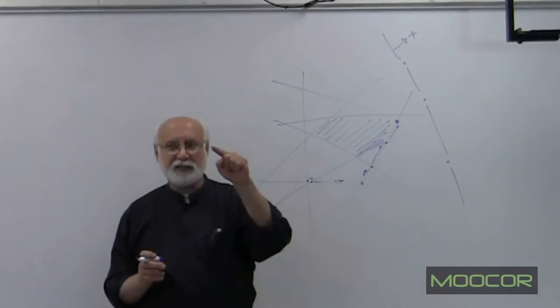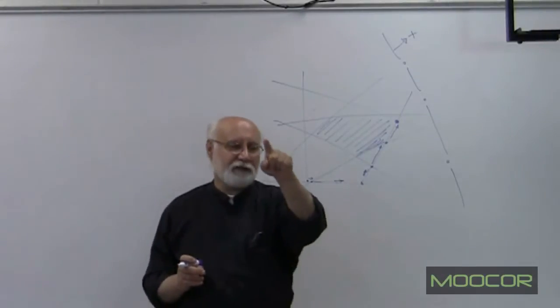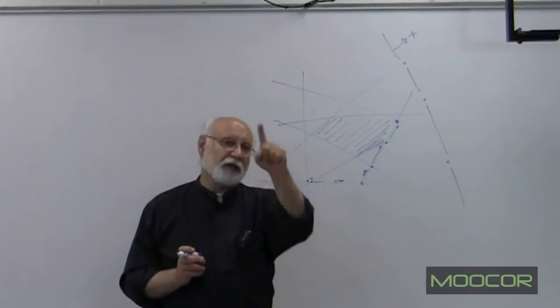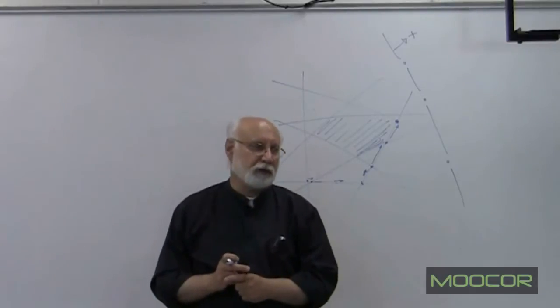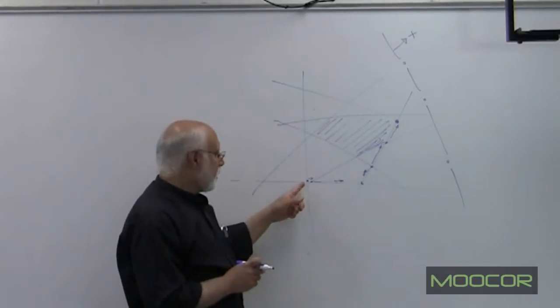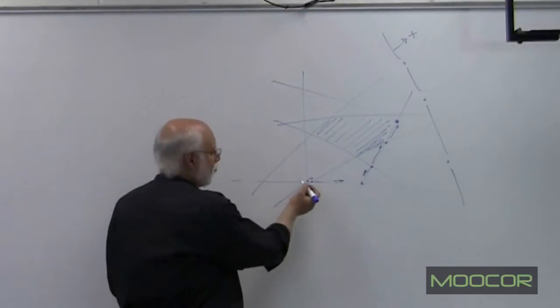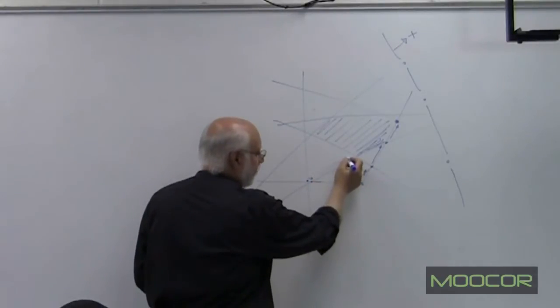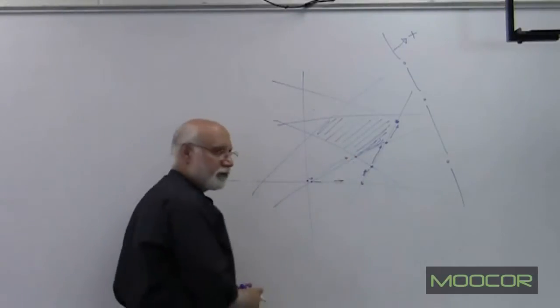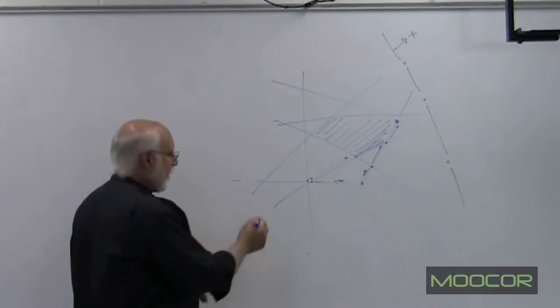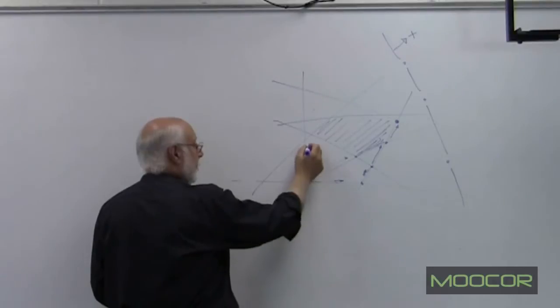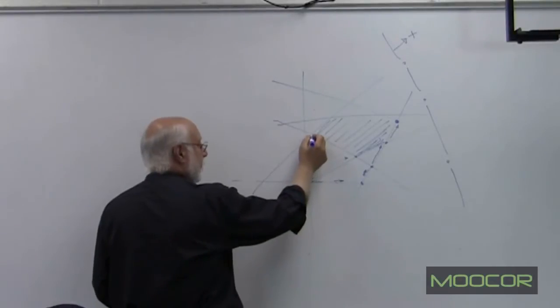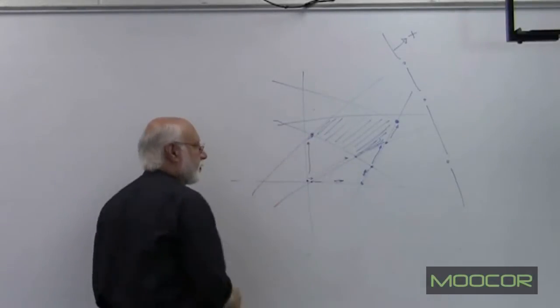The fastest way that I can get to a basic feasible solution becomes my intention. In this case, I may go here and here to this point, or I may go here and here to that point.